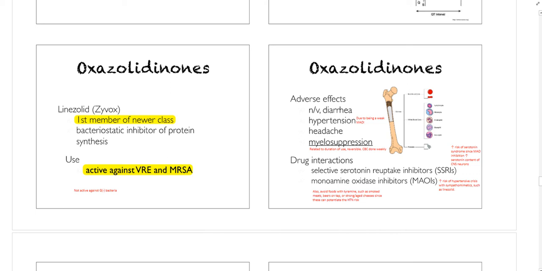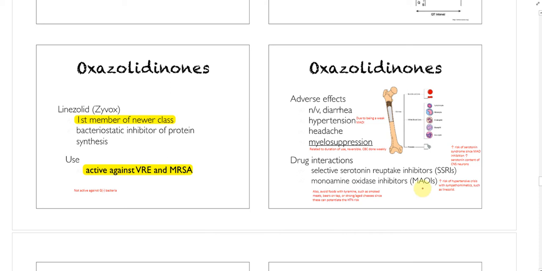So oxazolidinones or linezolid does have the potential of interacting poorly with SSRIs and MAOIs. So those are both being used by patients who have depression, anxiety. I think that's what MAOIs are. I can't remember. I think they're mostly not used these days as much unless you have like a more severe case, which is why I'm not as familiar with them.